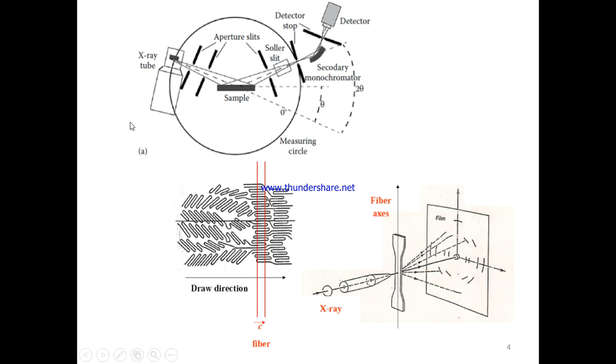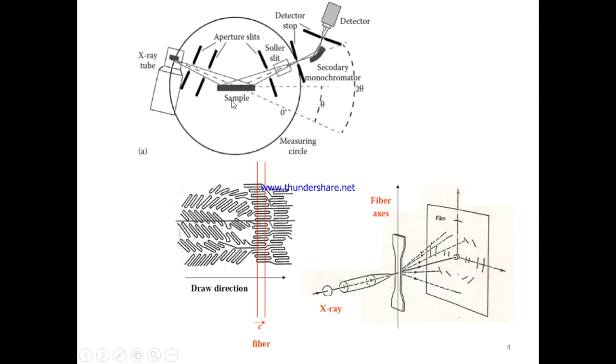Before that, there are various parts of the instrument I would like to mention. That is the X-ray tube, which will generate the X-ray radiation, or the beam of X-ray, that will be incident on a sample. The sample will be placed on a sample holder.